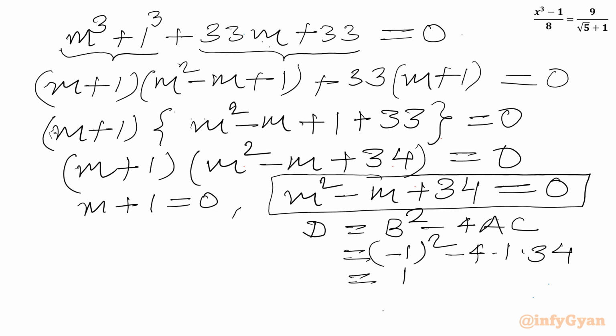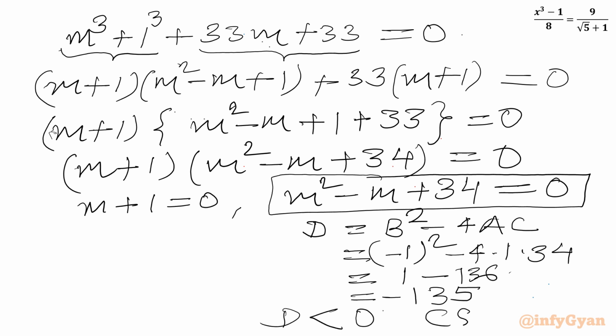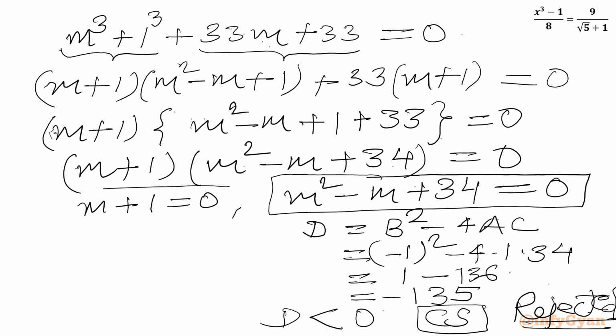So this will give us 1 minus 4 times 34, which is 136. So this is coming out negative 135. Discriminant is negative. We will get complex solutions, so we will reject this quadratic equation. From m plus 1 equal to 0, I will get m equal to negative 1.